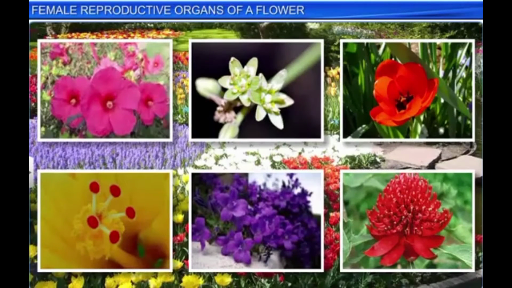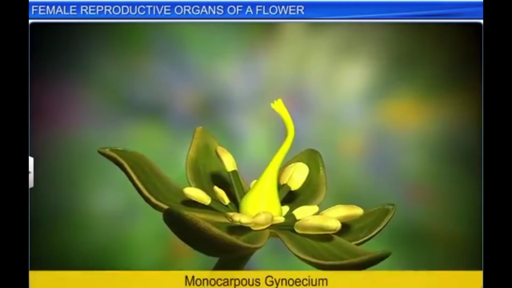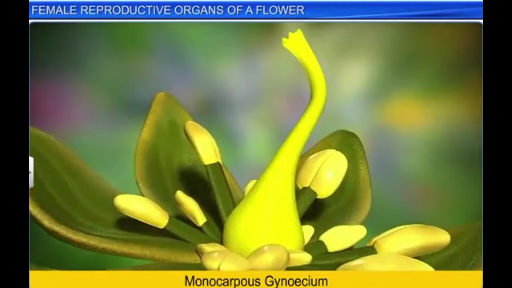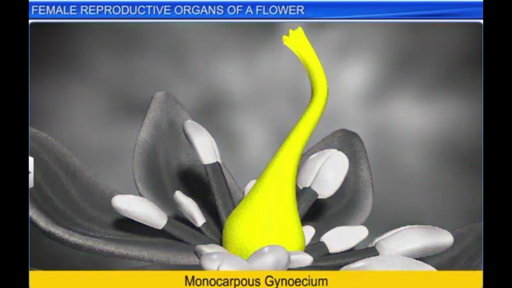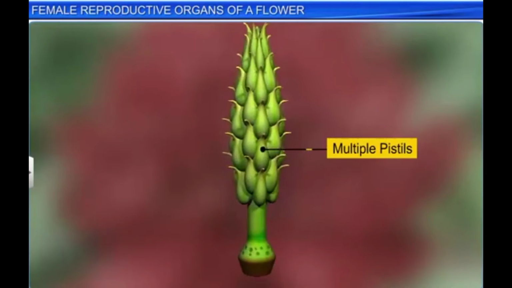You can see many variations in the Gynoecium of different flowers. For example, the Gynoecium can be monocarpous, consisting of a single pistil or carpel. Or it may be multicarpous, in which case we see several pistils in a single flower.